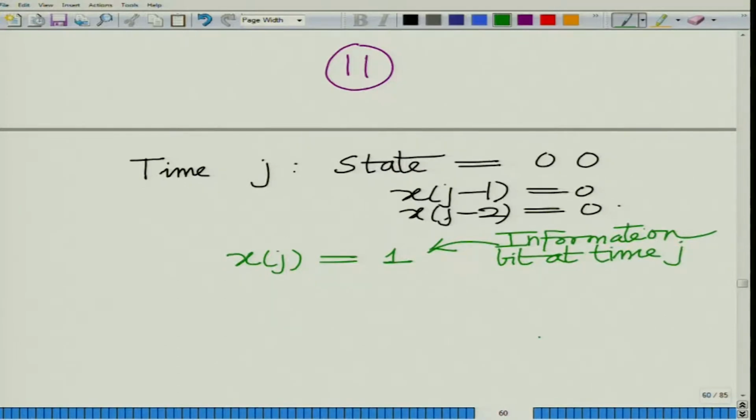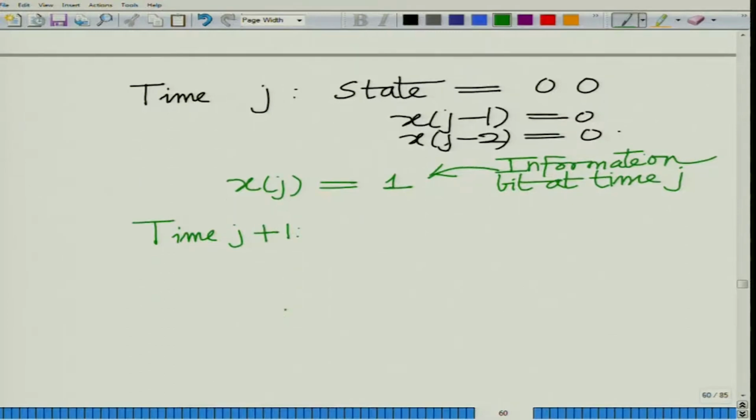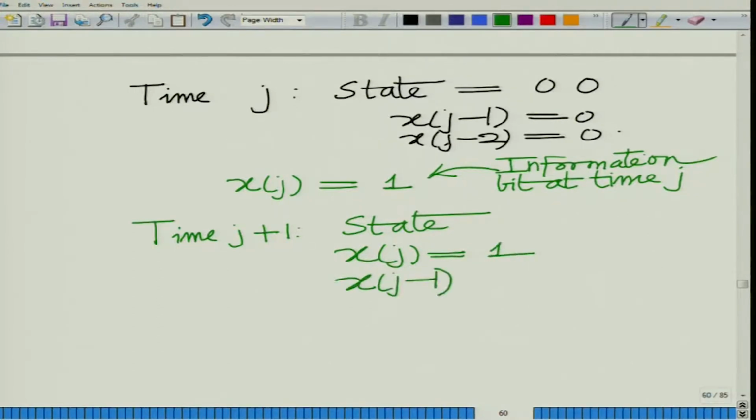Now, you can see if this is the information bit at time j plus 1, the state will be comprised of x_j and x_{j-1}. Here x_j is equal to 1, and x_{j-1} is 0.